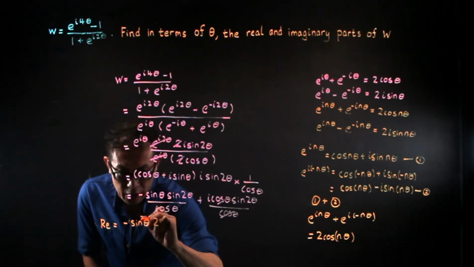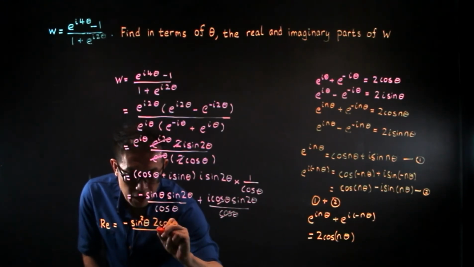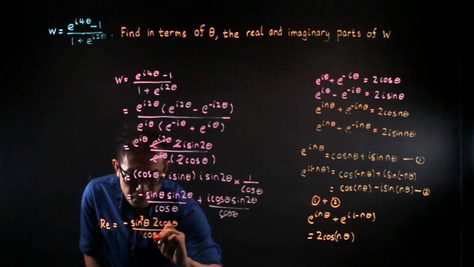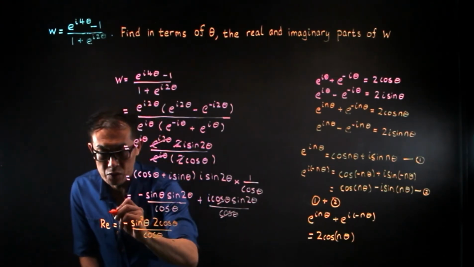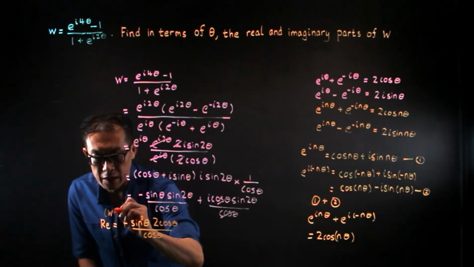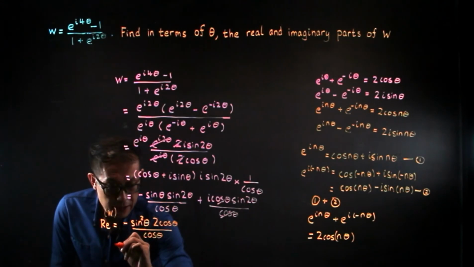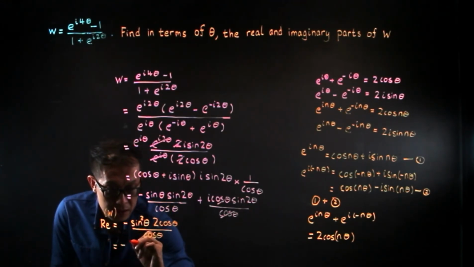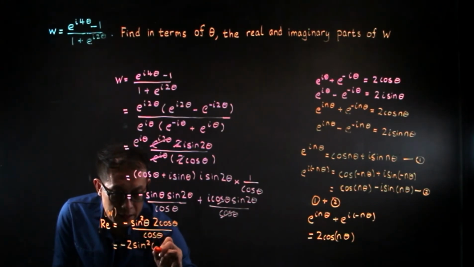So it becomes minus 2 sin²θ cos θ over cos θ. If I simplify it, the real part of W will be minus 2 sin²θ.